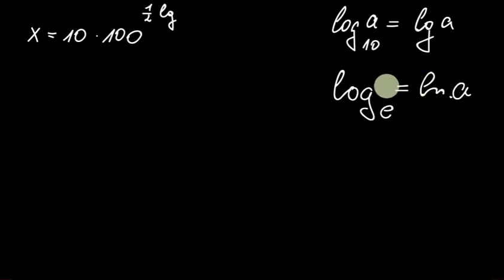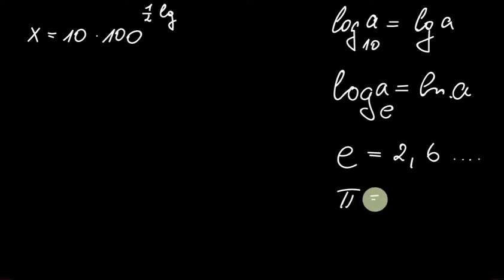Okay, let's put a number here. E is 2.7 something. Okay, e is like pi, a number. Pi is 3.1415 and so on. The same goes for e, but I don't remember the digits of e.